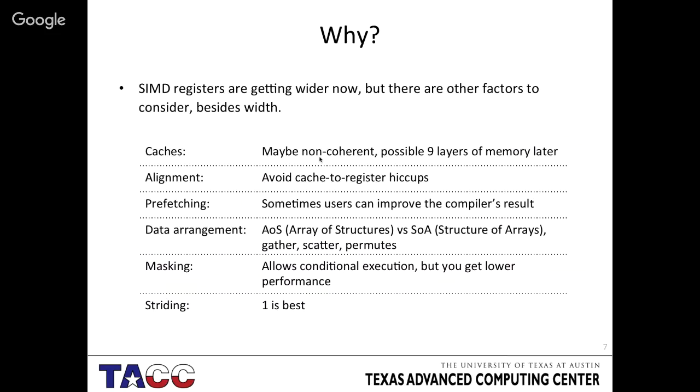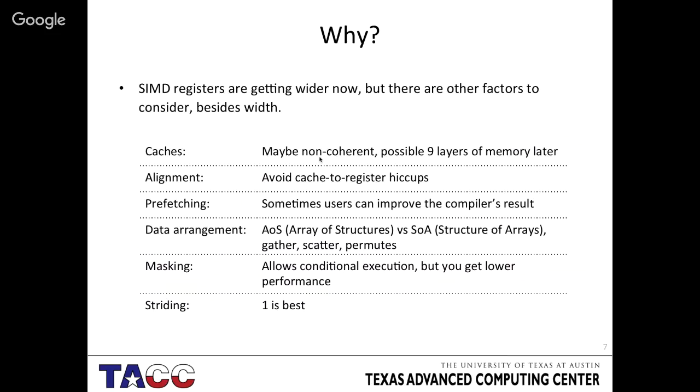In working with vector units, you want it coming into the registers with stride 1. That's the best way to access things, as opposed to having a stride. When things are delivered from memory into the caches, they come in units of a cache line, which is going to be 8 bytes.